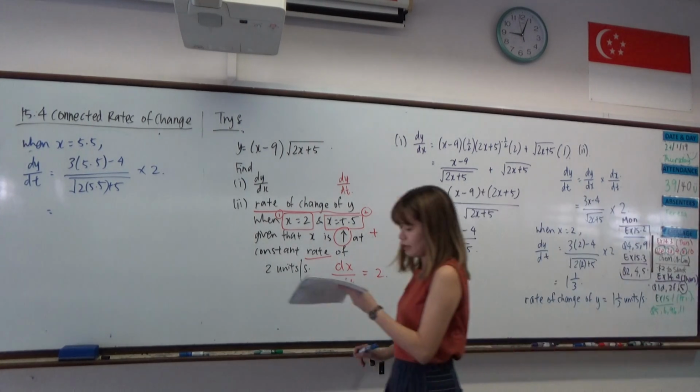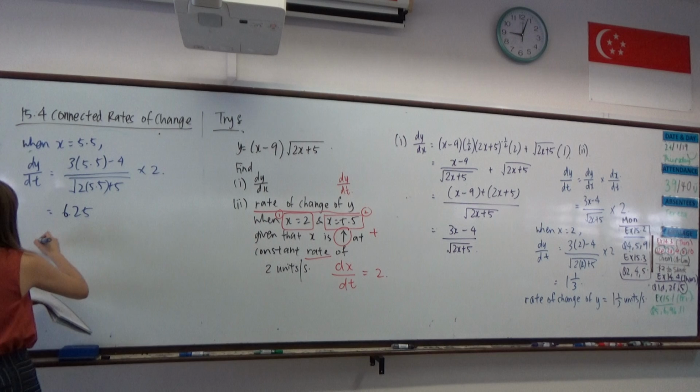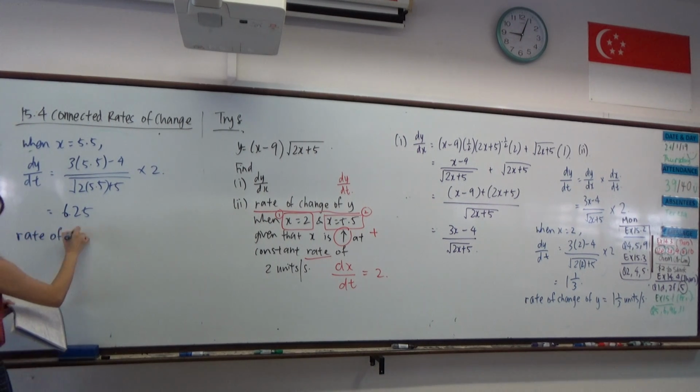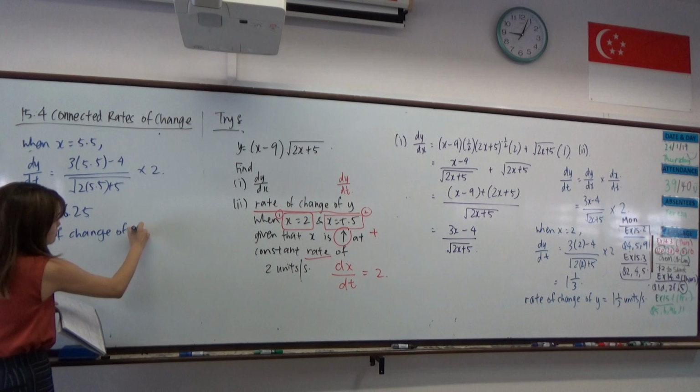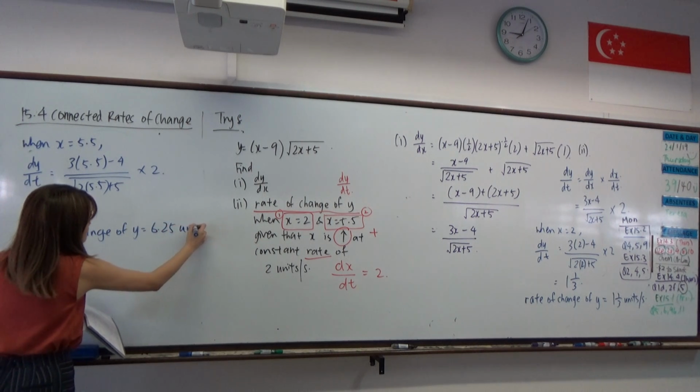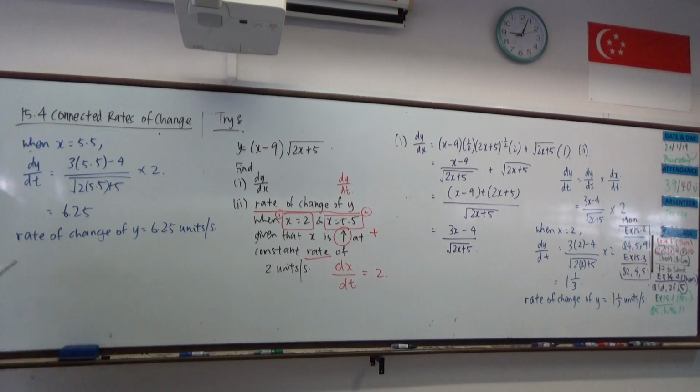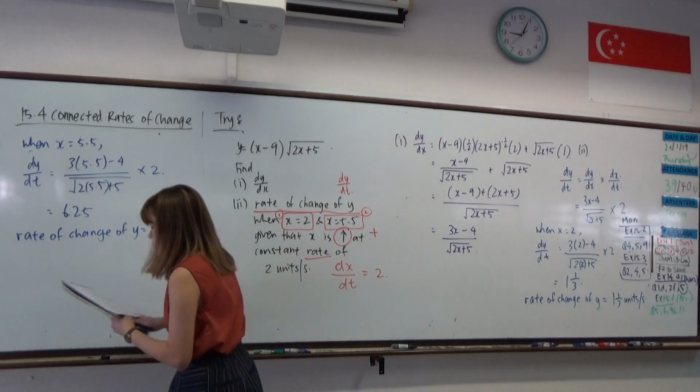And that will give you 6.25. Any questions? Do you all get an idea? You want me to do another example? Okay.